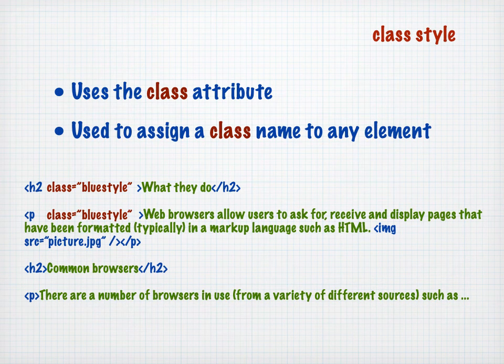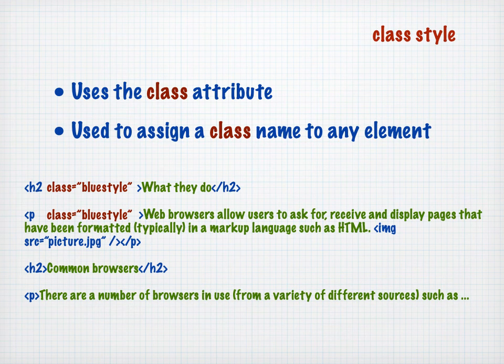So class equals blue style. Now notice the difference here with ids. Ids are names which we make up, which are unique in the document. In other words, we can only use those names once. Classes are designs that we will reuse in many different places. So you can see that we've used blue style in 2 places.